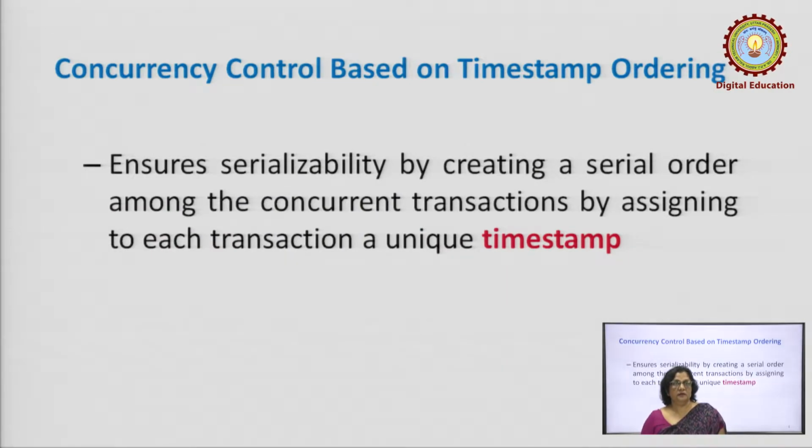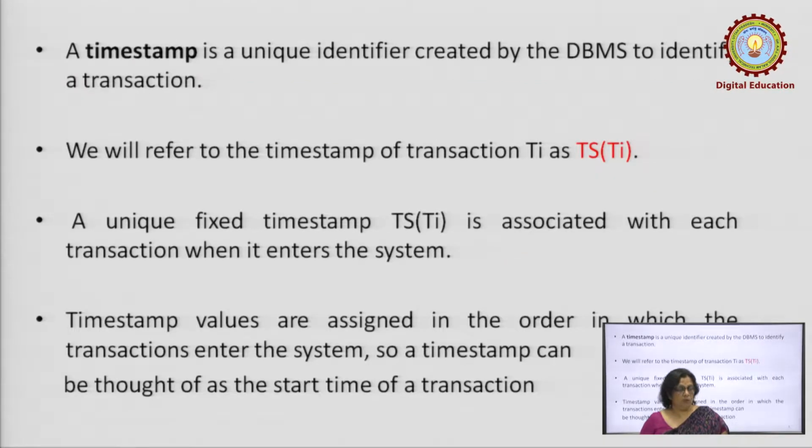The concurrency control based on timestamp ordering ensures serializability by creating a serial order among the concurrent transactions by assigning to each transaction a unique timestamp. Now, what is a timestamp? A timestamp is a unique identifier created by the DBMS to identify a transaction, that is, it is the time when the transaction enters the system or is started.